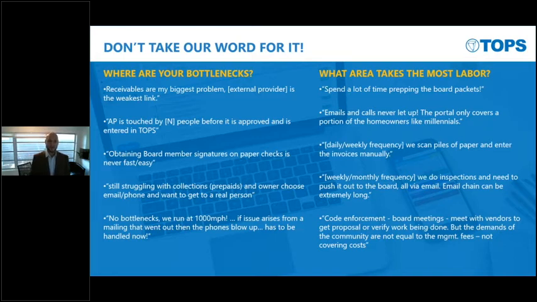We hear about having to chase down board members to get paper checks signed. We hear about people that are running their entire approval of accounts payable through email, right? And so we know that these things are not the best solution for our clients. We know that what our clients have asked us for years is the one-stop shop, the one throat to choke, that one solution where they don't have to leave to get their jobs done.